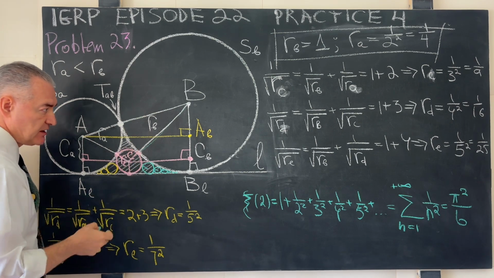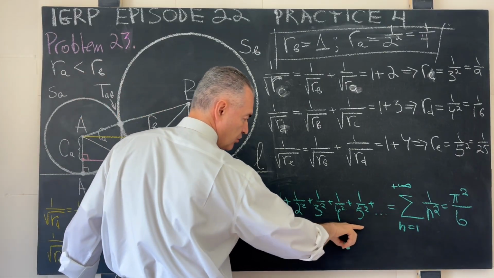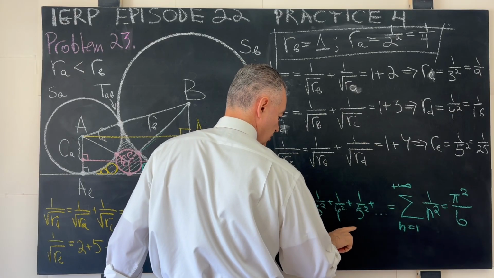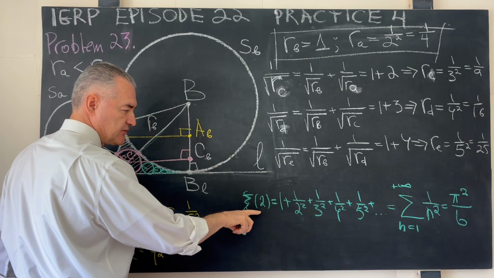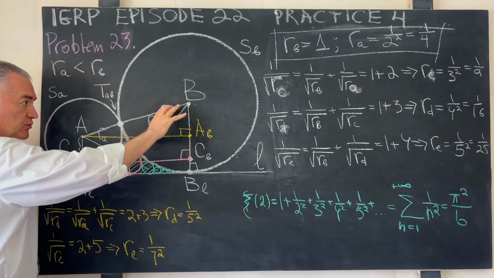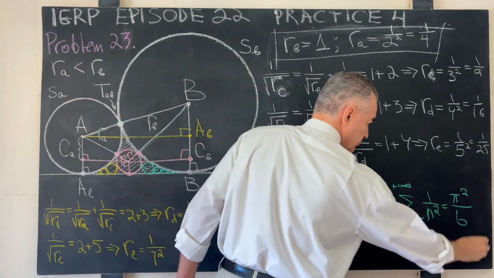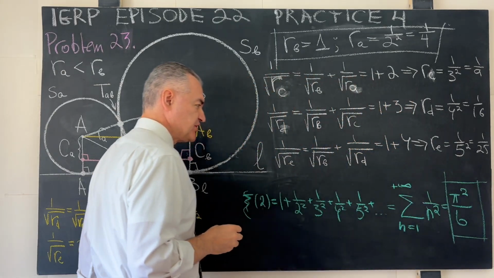If that is any help in visual comprehension of what is going on over here, this is one geometric model of the elements that make up the Riemann zeta function evaluated at the argument 2. And if we continue this process indefinitely, we sum all these line segments, we know that this number comes out to be finite, pi squared over 6.